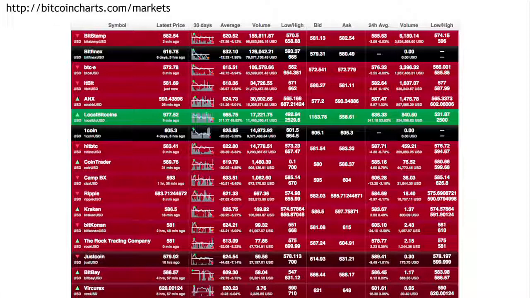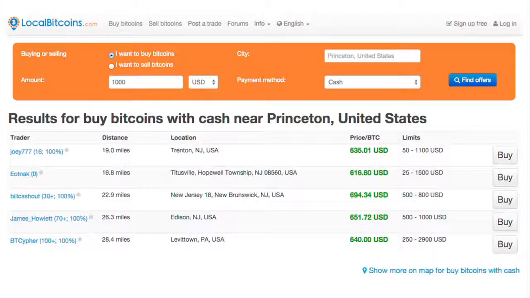Another place you can go besides an online exchange, if you want to buy or sell Bitcoins, is that you can use sites that help you meet people to trade Bitcoins in real life. So here I went to localbitcoins.com. It's an example. I said I want to buy Bitcoins in Princeton, New Jersey, United States, and it gave me a bunch of results. A bunch of people who on this particular day were willing to sell me Bitcoins for what price and for how many.